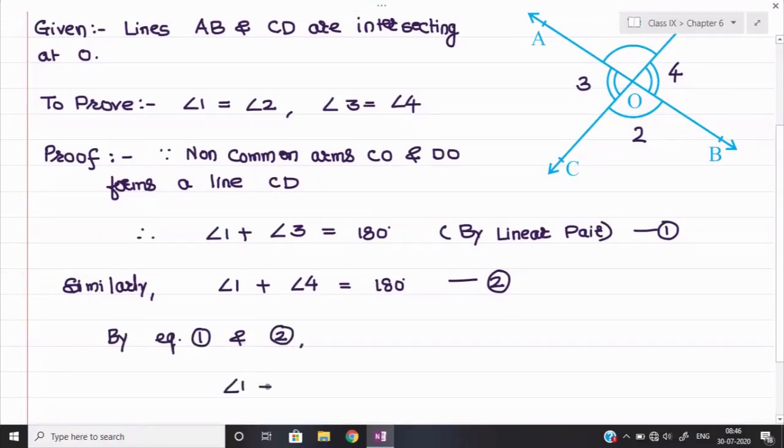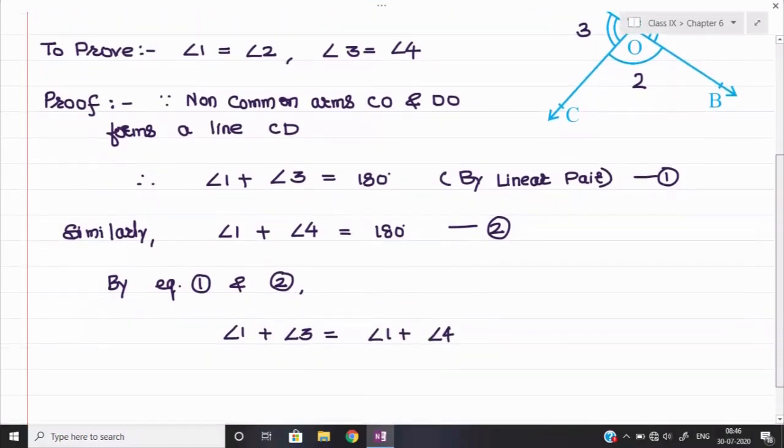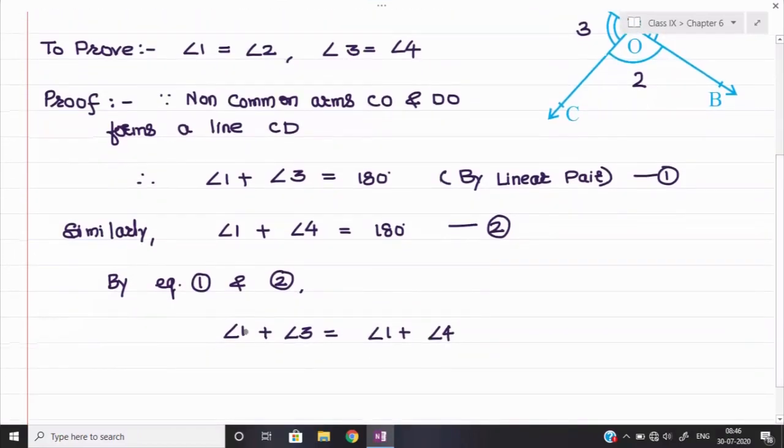So angle 1 plus angle 3, this is the left hand side of equation number 1, and angle 1 plus angle 4, this will be the left hand side of equation number 2. Observe here angle 1 is the same on both sides. So angle 1 and angle 1 are cancelled. So we got here angle 3 is equal to angle 4.